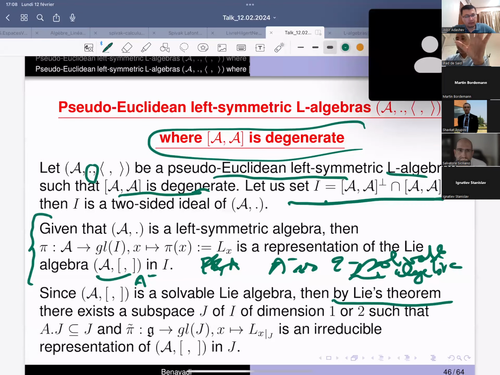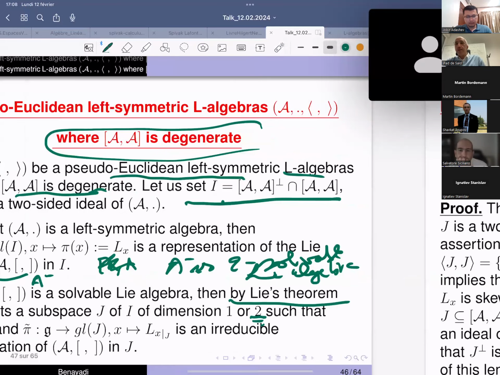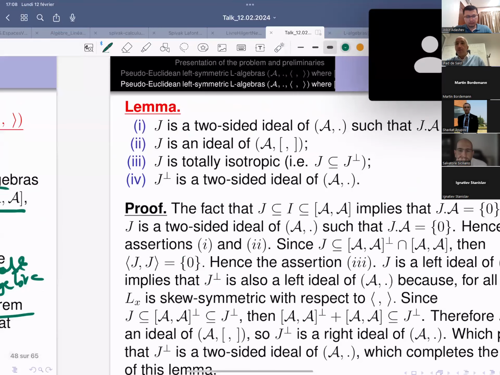If the dimension is 1, you have a double extension of Medina and Aubert. But the new thing here is if your ideal is two-dimensional, and in this case we introduce a new process of double extension by dimension 2, and we prove that all of these pseudo-Euclidean Lie algebras are obtained by this two-dimensional one.